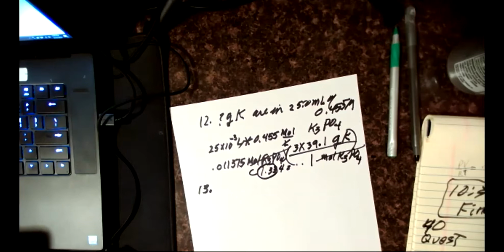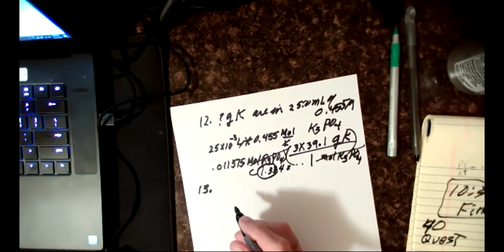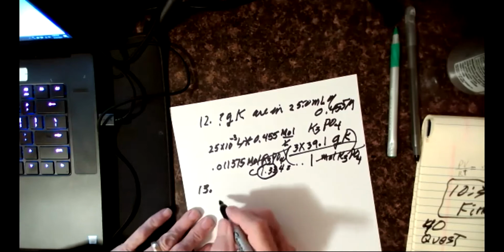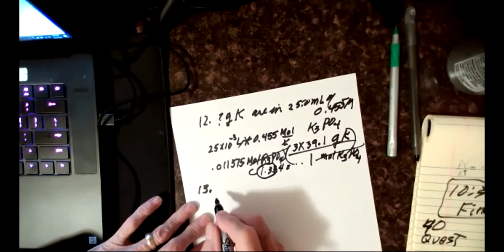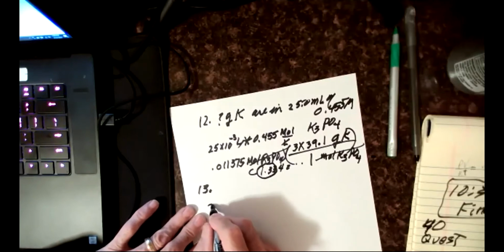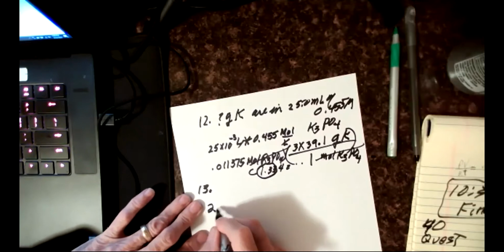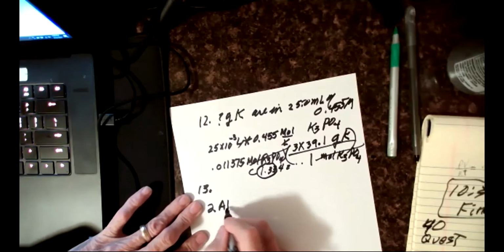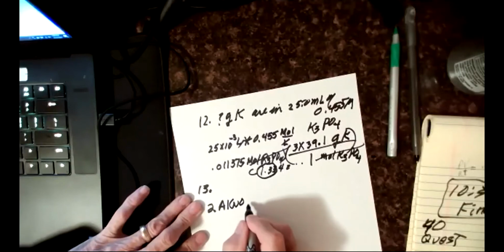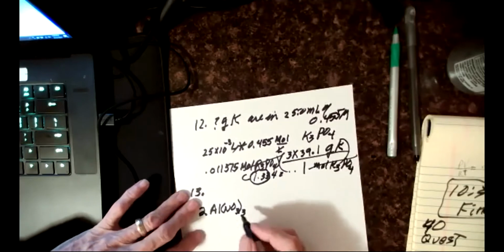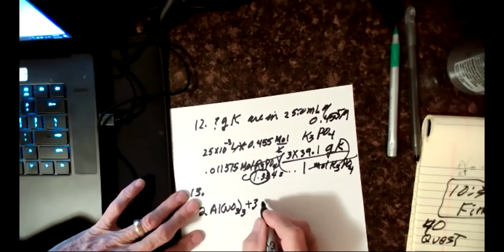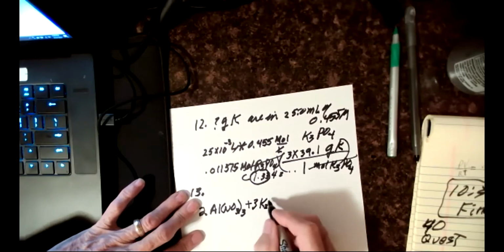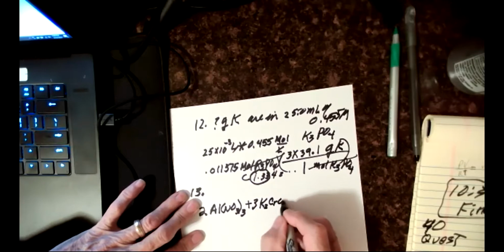Okay. The next one has to do with chemical reaction. So there's 3 of them, I think. No, 1, 2, 3, 4, 5 problems that deal with this. And the equation we're using is 2 Al(NO3)3. That's aluminum nitrate. It's going to react with 3 K2CrO4.